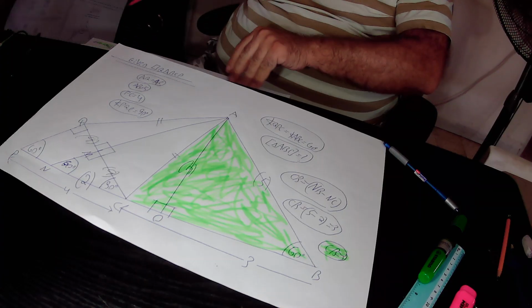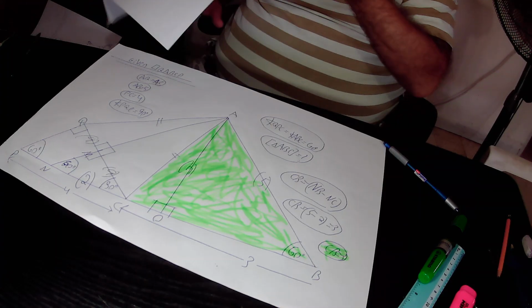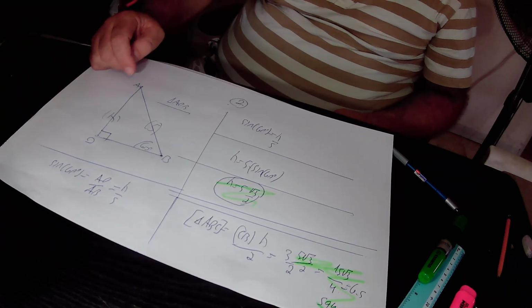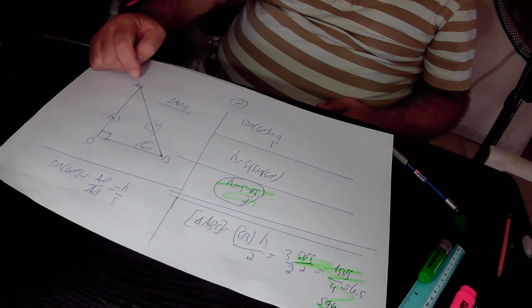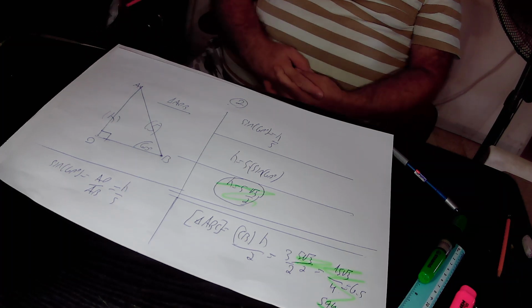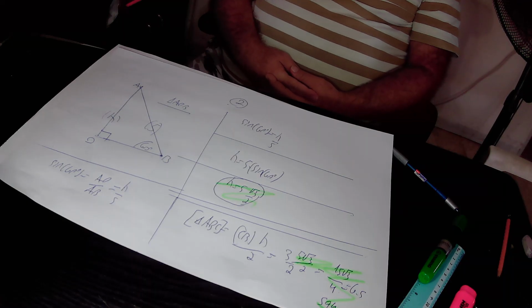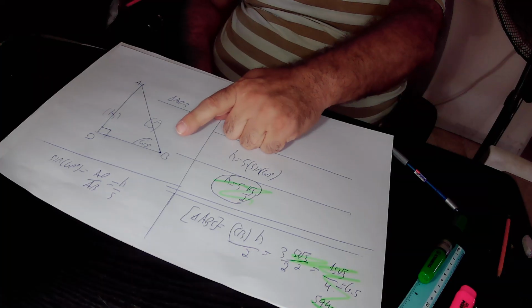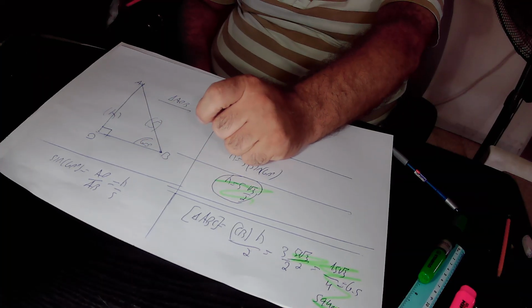So this is the right-angled triangle AOB that I copied from the original diagram. In this right-angled triangle AOB, sine of 60 degrees equals AO over AB.